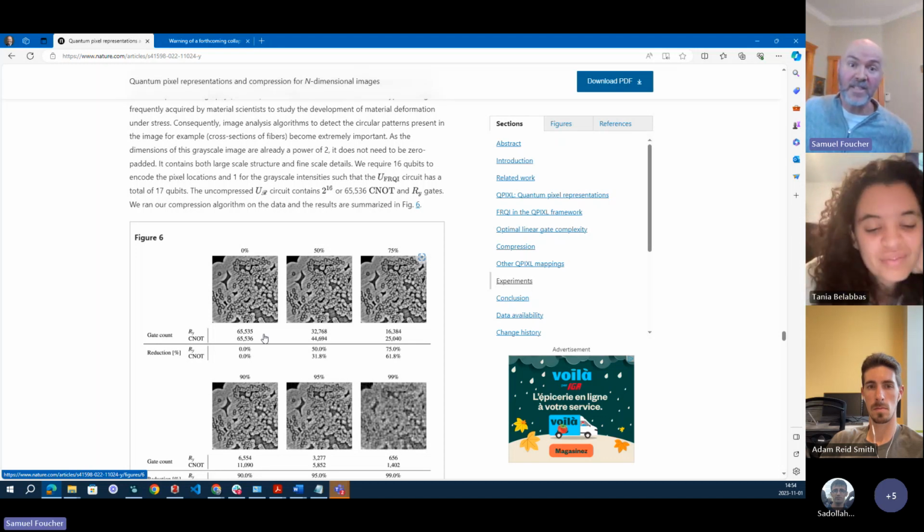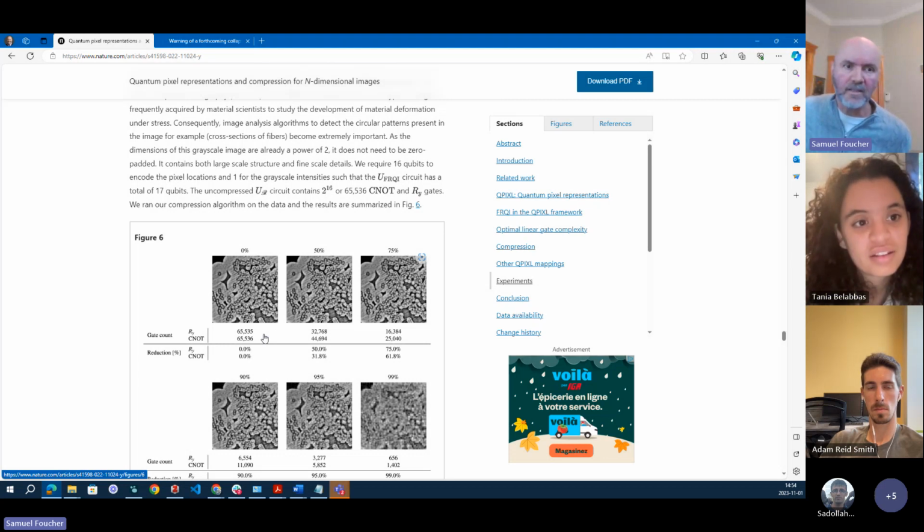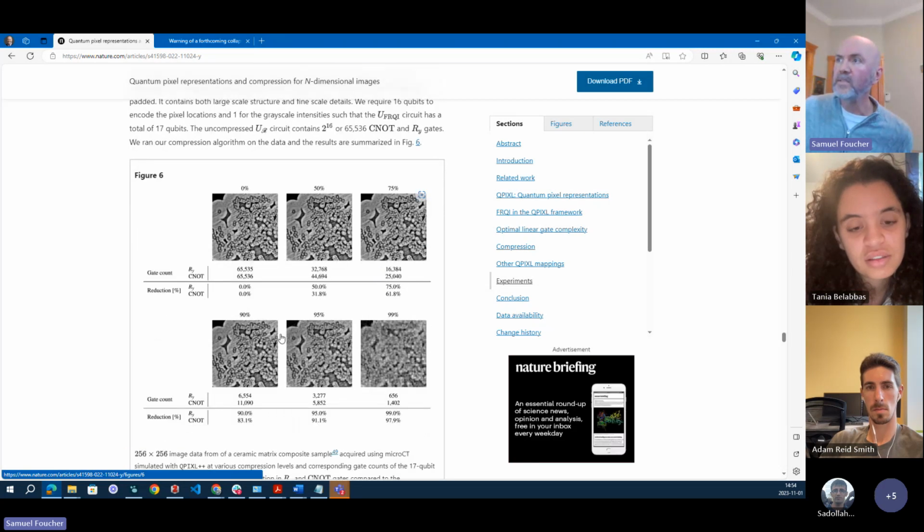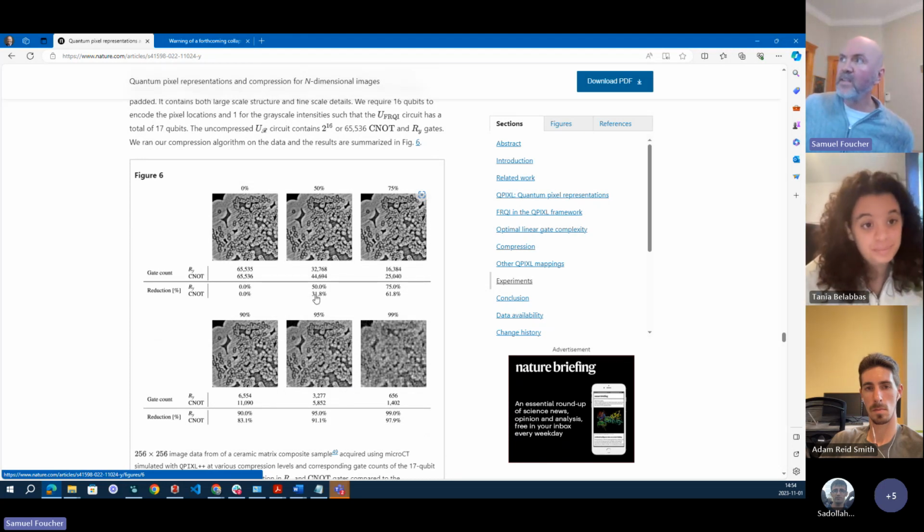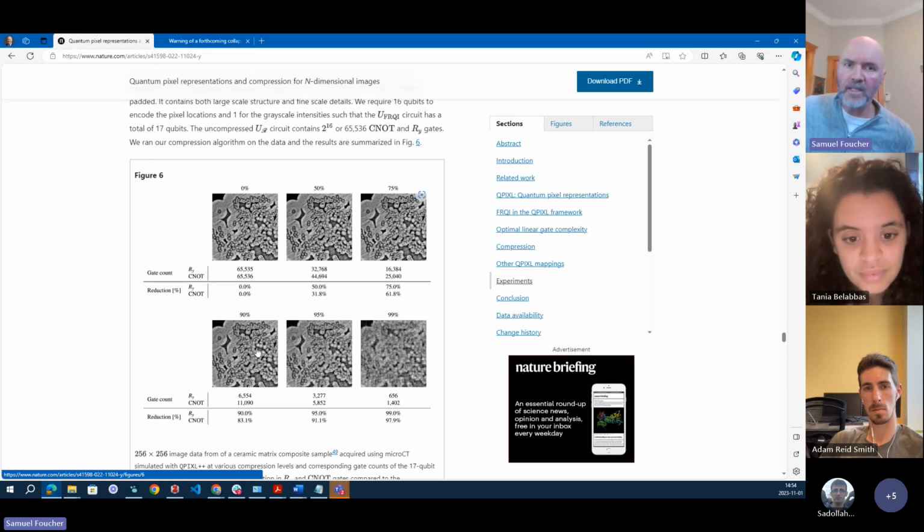So it's extremely deep, and I don't think it's feasible to use that probably. They show different levels of compression, and above 75%, you start to really degrade the pixel values. It gets really noisy beyond 90% in that case.